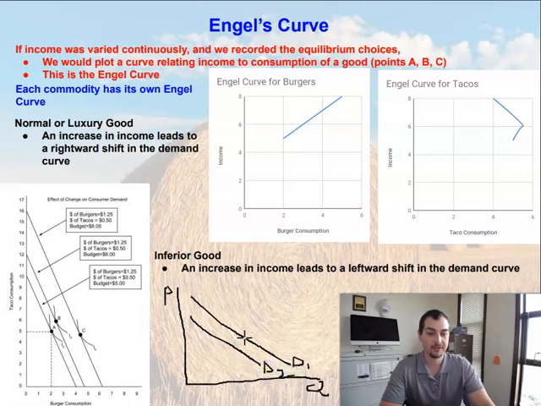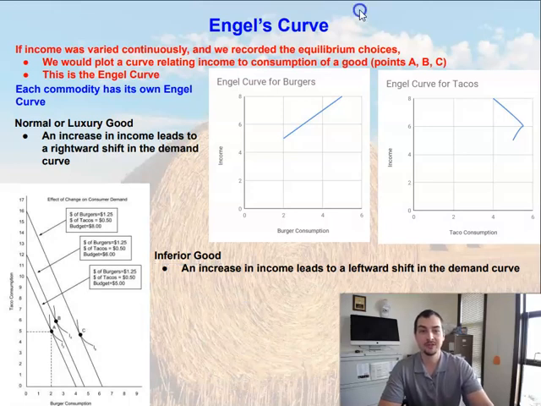I'm going to draw out D2 right there. As an increase in income occurs, if it is an inferior good, we're going to see a leftward shift in the demand curve. Something like steaks, for example, as income rises, would have a rightward shift in that demand curve. But ramen noodles, on the other hand, would have that leftward shift because they are historically known as an inferior good.